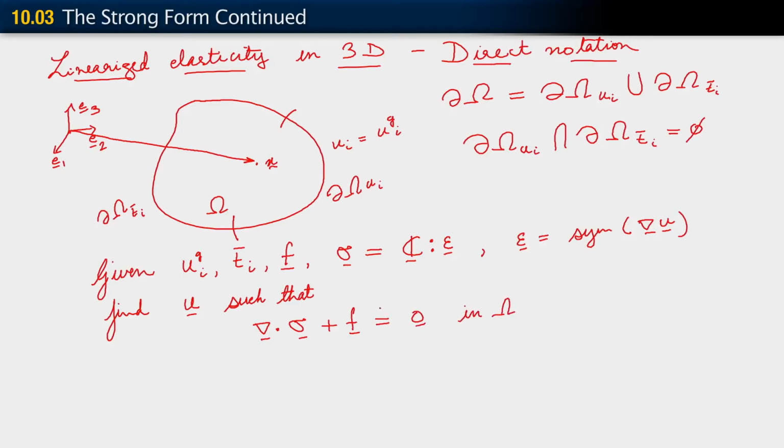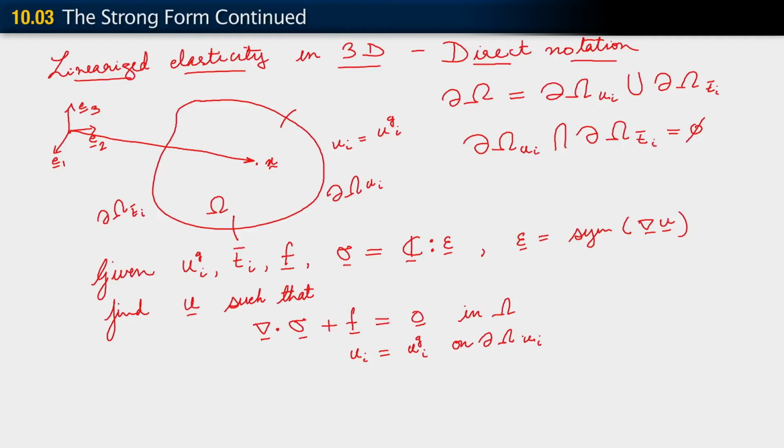And then we also have u sub i equals u g sub i on that Dirichlet boundary. Note that we cannot write out the Dirichlet boundary condition in direct notation simply because the boundary subsets are different and each component is specified possibly on a different boundary subset.